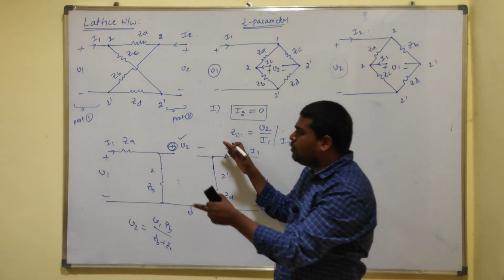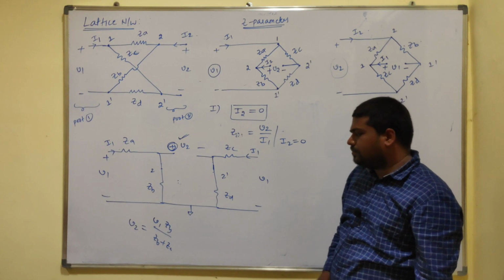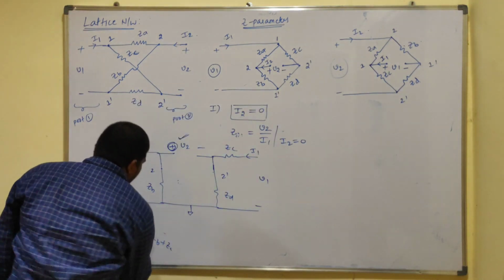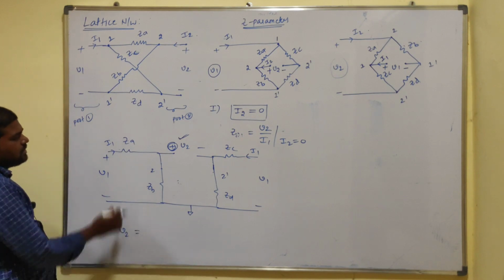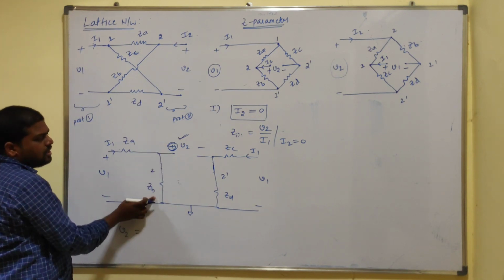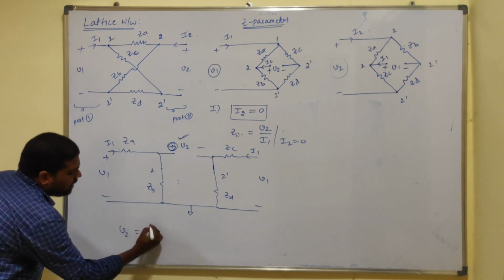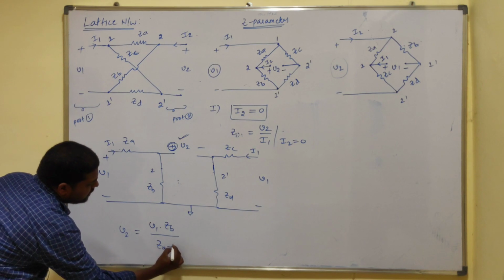So these two combinations will give V2, right? So I will consider here V2 equals the positive terminal voltage drop first. Just I will take the positive terminal voltage drop, that equals V1 into ZB by ZA plus ZB.